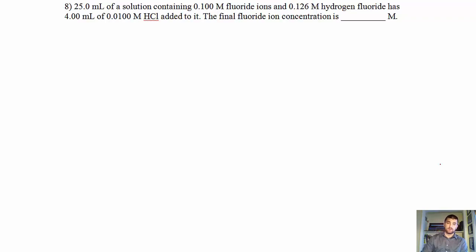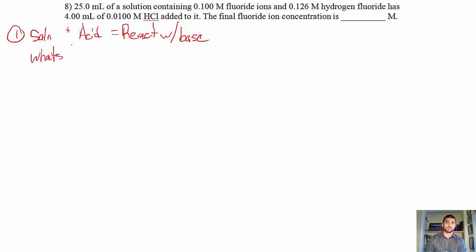All right, so first thing, think about what's happening. We have a solution and we're adding an acid to it. So what's going to happen there? Well, it's going to react with the base that's already in solution. So what we got to do is figure out, well, what's the decrease in the base?